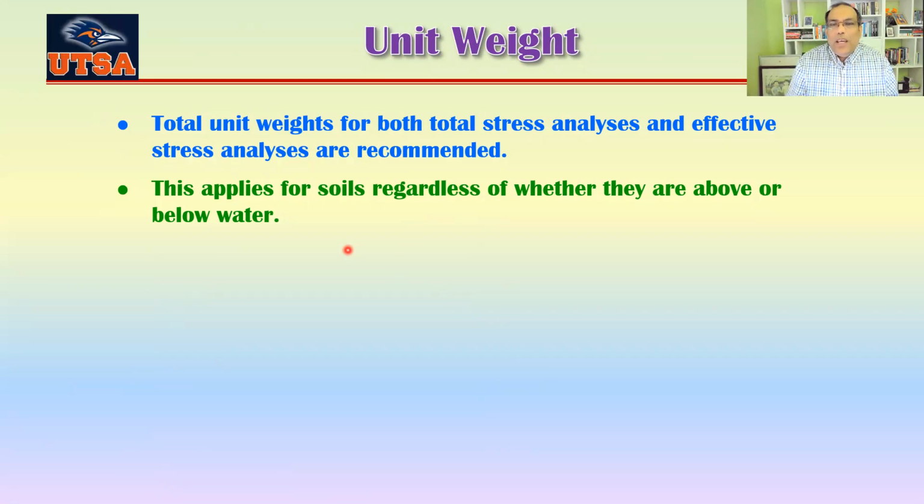We all the time consider the total unit weight of the soil, okay? If this is saturated or below the water table, then the system will automatically calculate the pore water pressure, so we don't want to confuse that one. For unit weight, we always consider the total unit weight, not the submerged one.